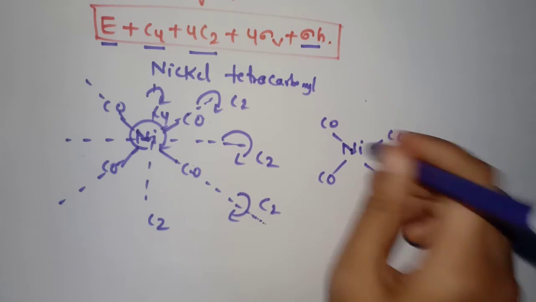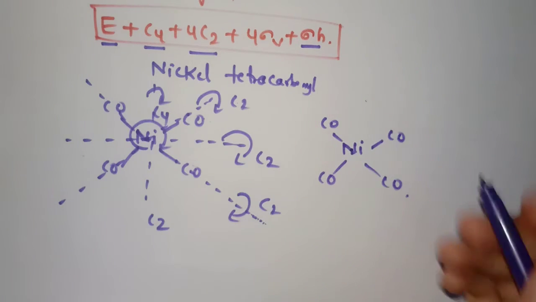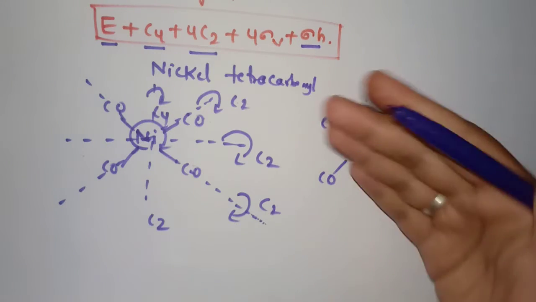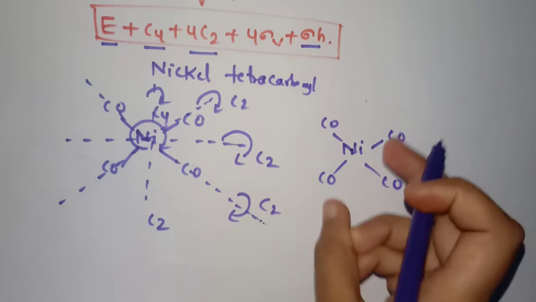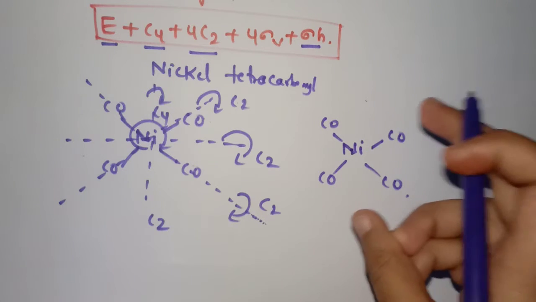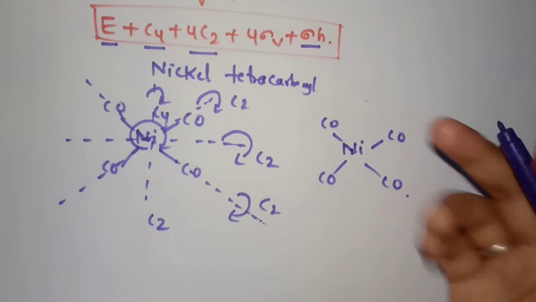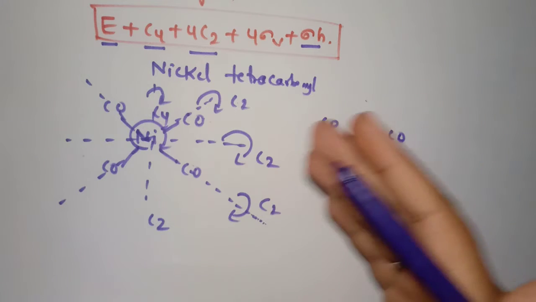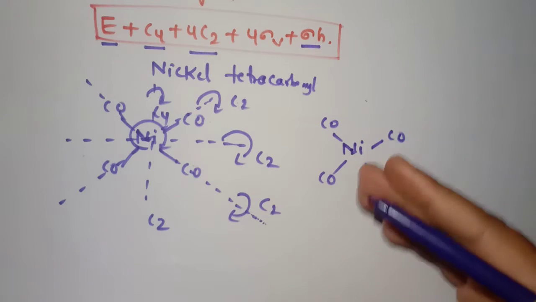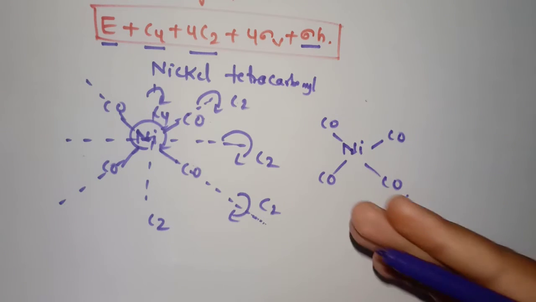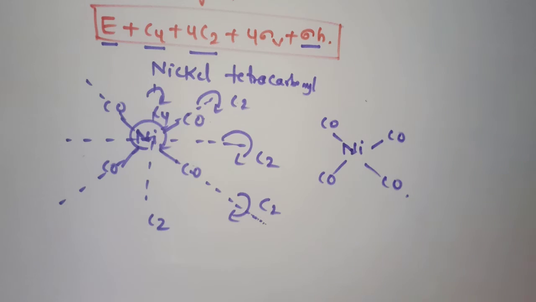So here is the principal axis and this plane is perpendicular to it. So half of the Ni(CO)4 molecule will come on the front side and the other half of the Ni(CO)4 molecule will go on the back side.